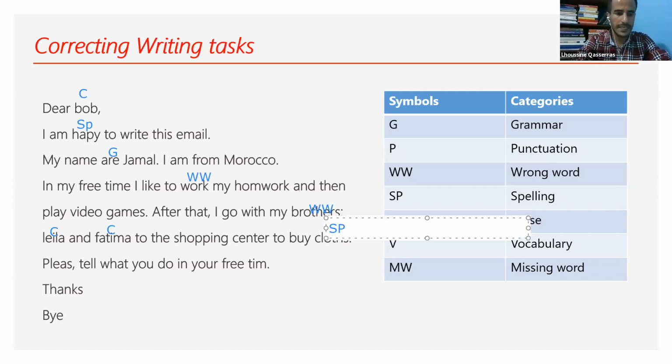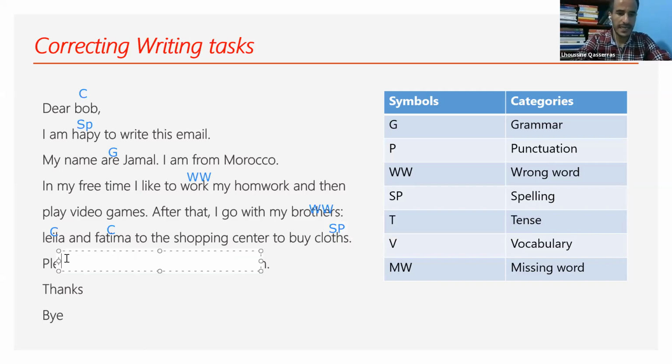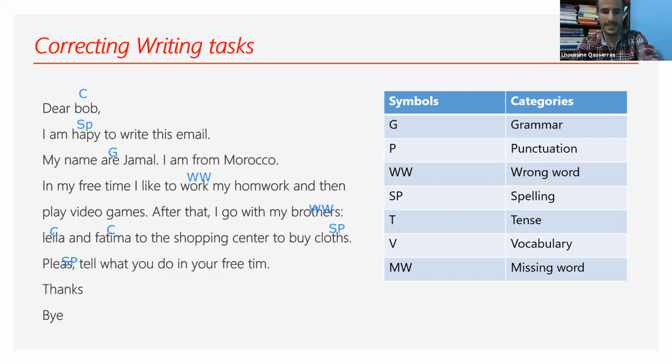Now, another spelling. Wonderful. Thank you for reminding me about this one. Tell what you do in your free time. Spelling again. Tell what you do. What do you do or what you do? What you do is correct. Tell me something, missing word. So you can put M, missing word. Tell me what you do. Homework, spelling. Samira said homework. Thank you.